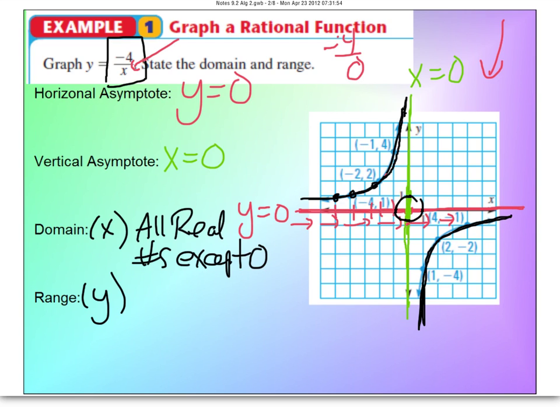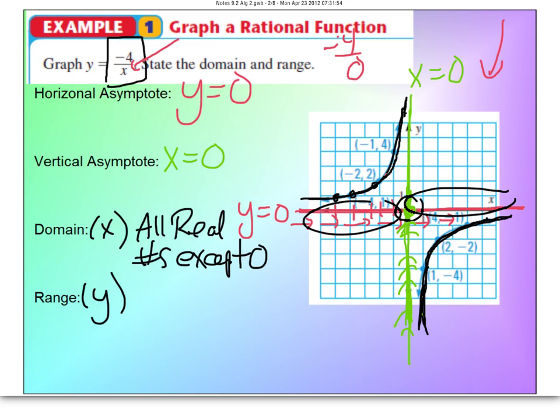Now for the y's, the range is the y's. So the y-axis goes up and down. As you travel along the y-axis, I see that there's graph activity over here to the right. And there's all this graph activity. So the graph is drawn going upward, except as they're traveling up, when they hit y at 0 right here, you're going to notice there's no black graph drawn over here.